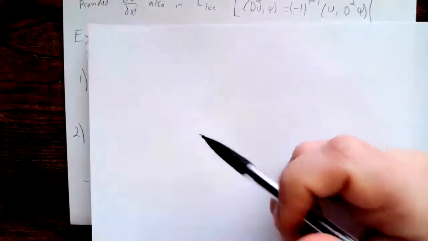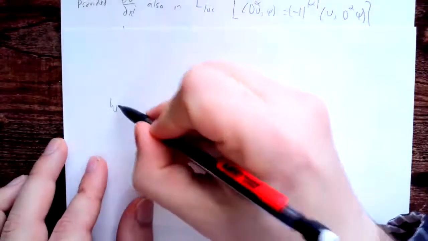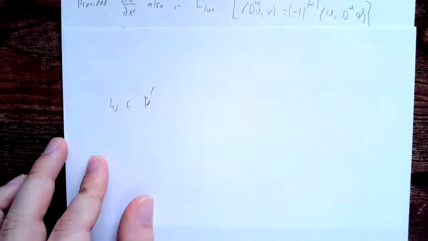So in what sense is W an element of D prime?